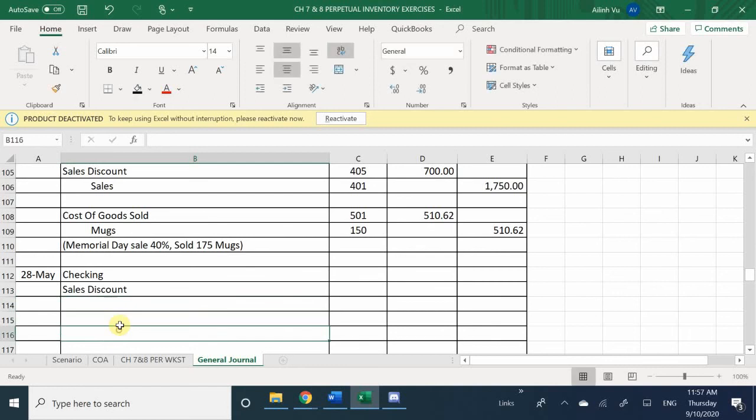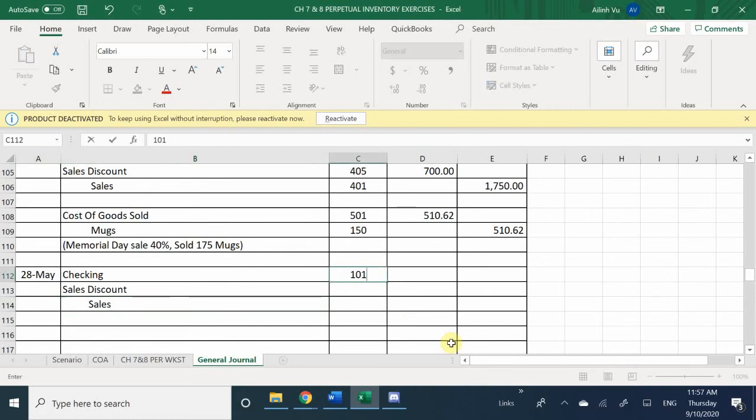And then we need to indicate that we had a sales. Okay, so in this case, checking is 101. My sales discount was 405. My sales is 401. So those 50 mugs, we originally cost them at $10.